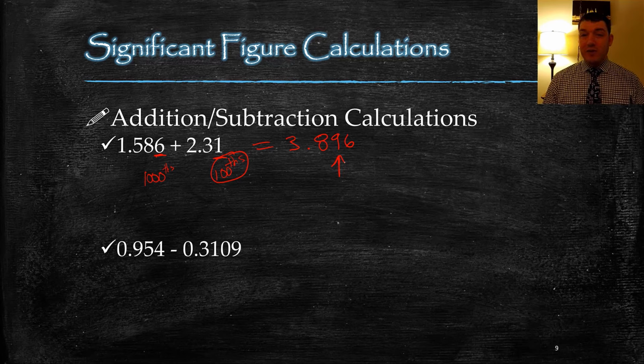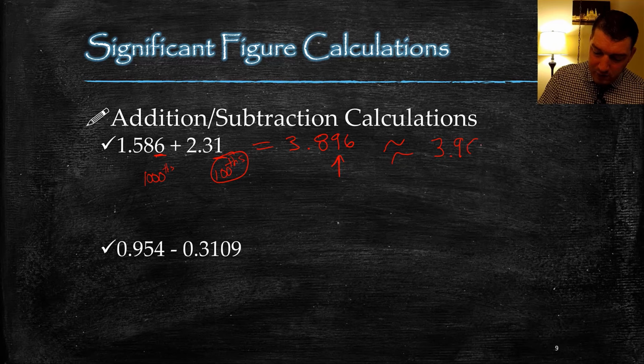That turns into a 0, which means it carries over. So we're going to round that to a 0, but that means it carries over and bumps the one to the left of it up 1. And that's why this will be 3.9, but we have to include the 0 to have that significant figure place in the hundredths. So this would be 3.90 as the answer computed to the correct number of significant figures.